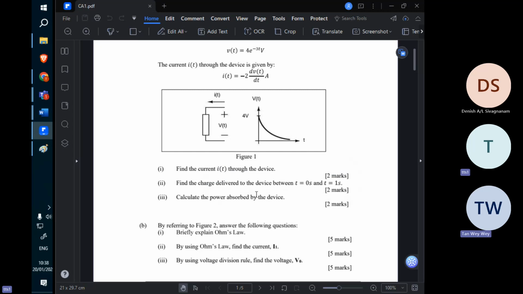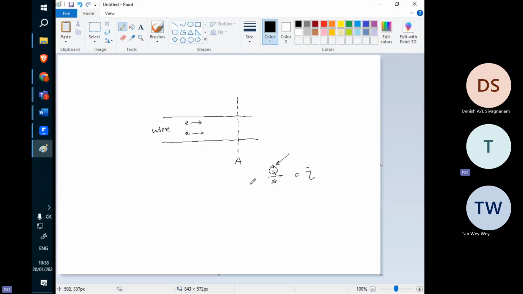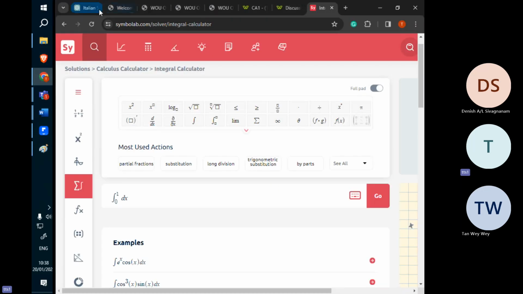That means it can also be said to be the total charge flowing through the device between 0 and 1. So if you understand what I'm talking about here, the current is a measure of total charge flowing through a certain point per second.